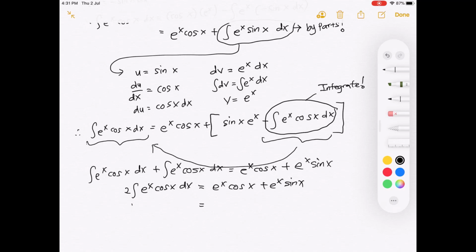So the answer here is the integration of e^x cos x dx is e^x cos x plus e^x sin x, and you move the 2 to the right hand side, from multiplication it becomes a division, and then plus c.